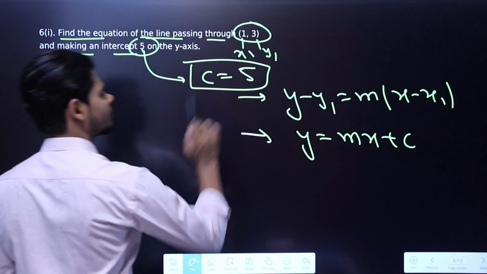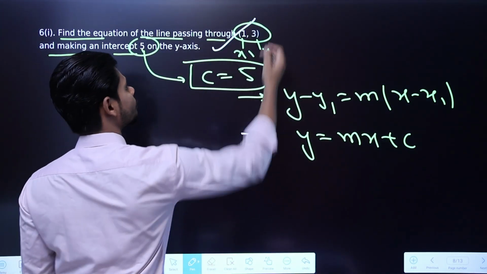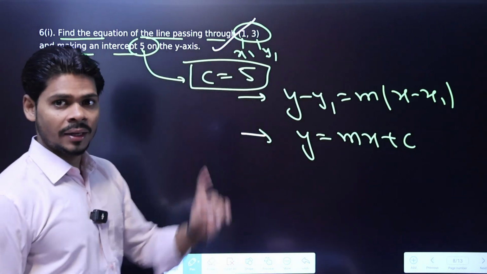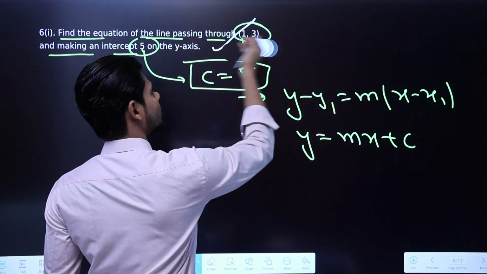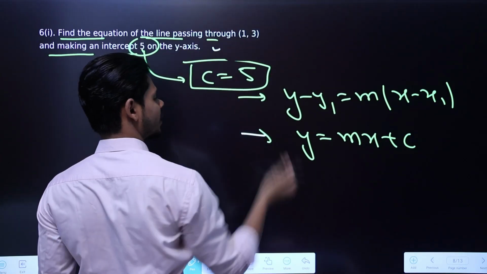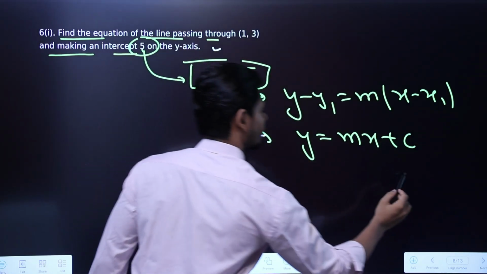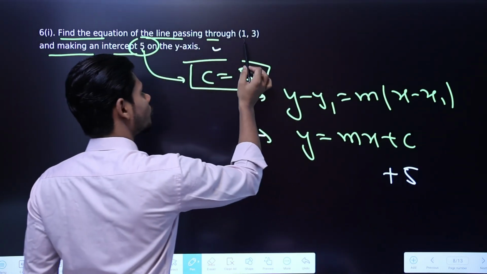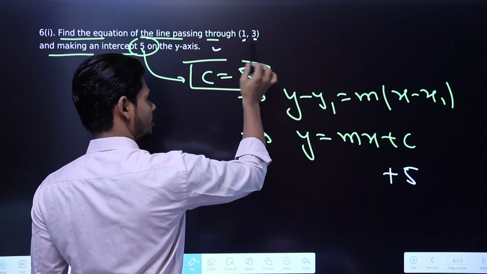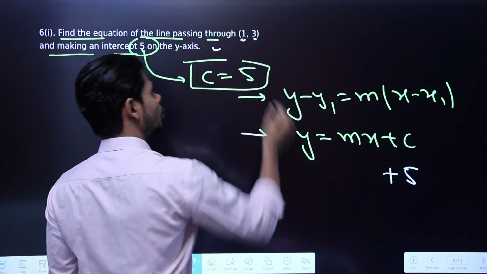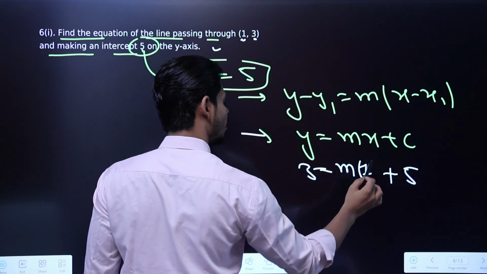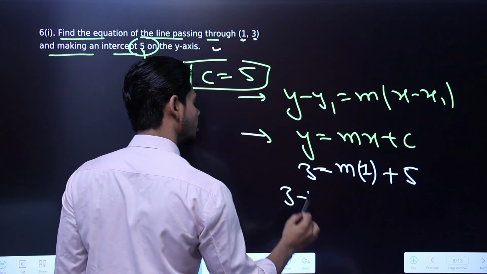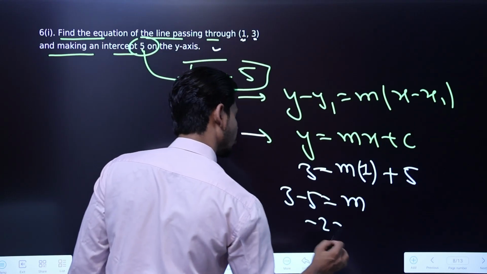First of all, because we are given c, and it is also saying that the line is passing through (1, 3). Very important question. So whenever you are considering c as 5, this point (1, 3) will act as x and y. So y will become 3, m will remain as it is, and x is 1. So from here you get m as negative 2.